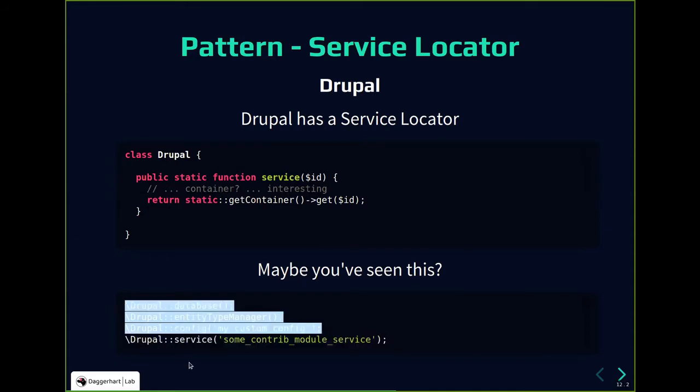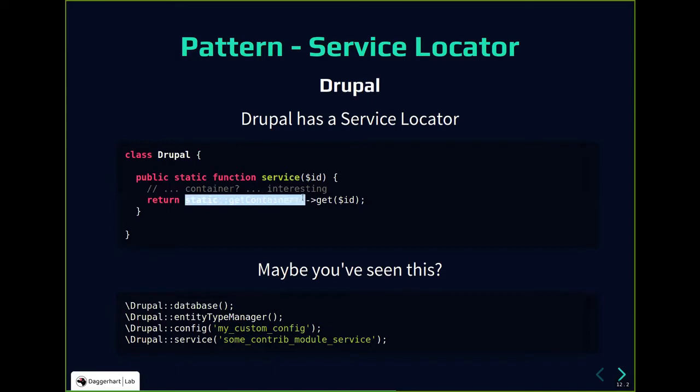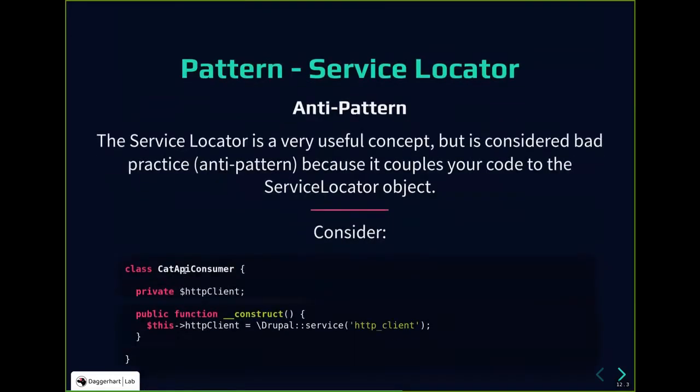They're all making use of the service locator. If this doesn't look familiar to you yet, get ready, because you will see it in Drupal. And we're going to come back to why this thing is called a container very shortly.